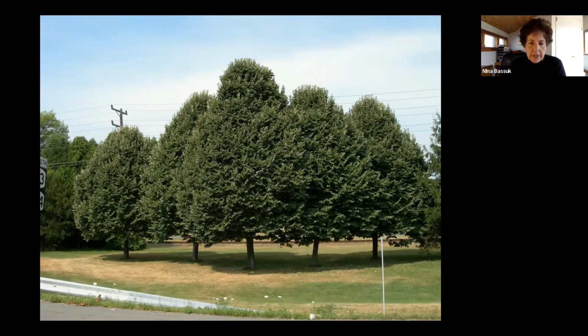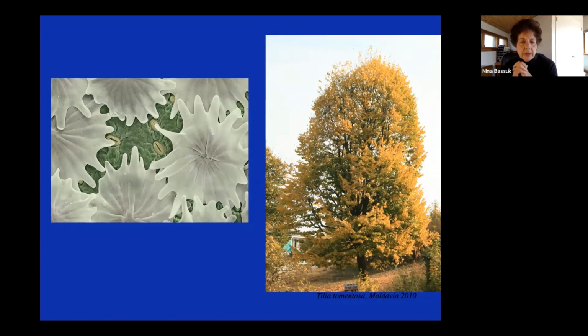But one of the interesting things about this tree is that if we look through a microscope at the underside of the leaf, you can see the stomates, or pores, where the water is lost and the carbon dioxide comes in for photosynthesis.